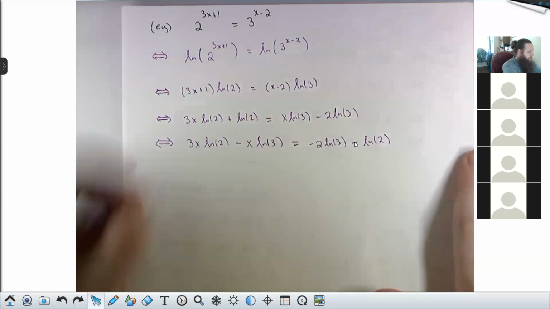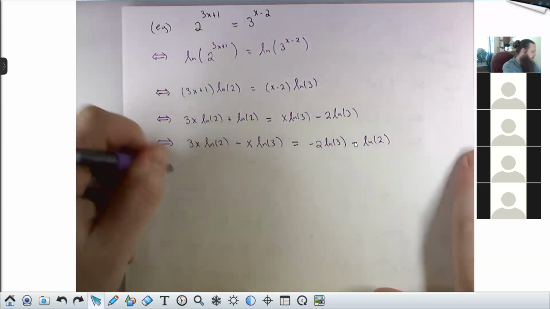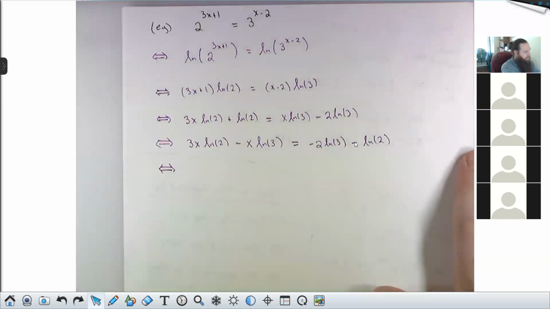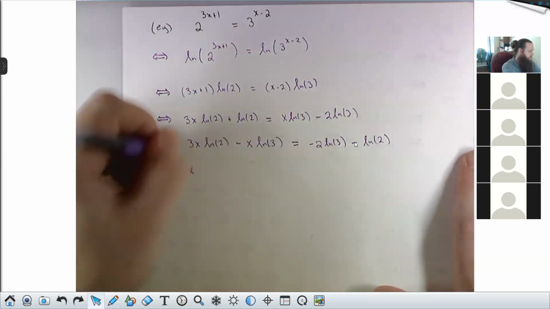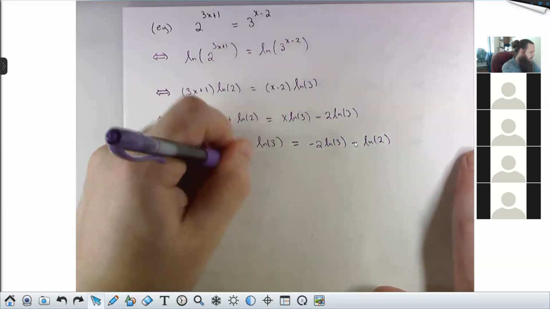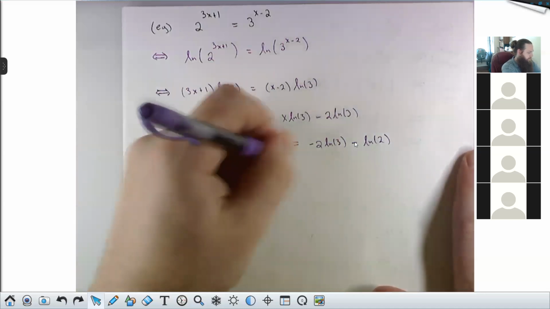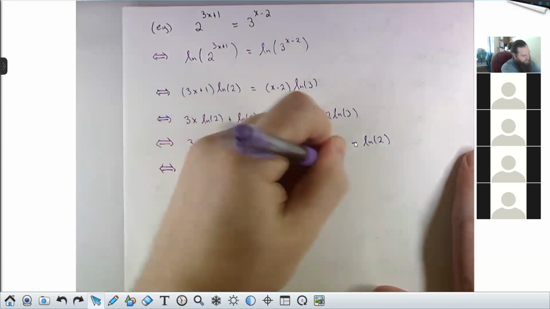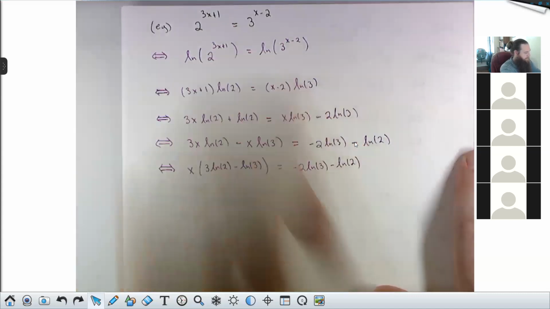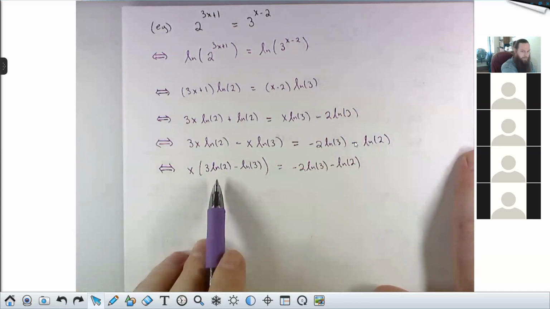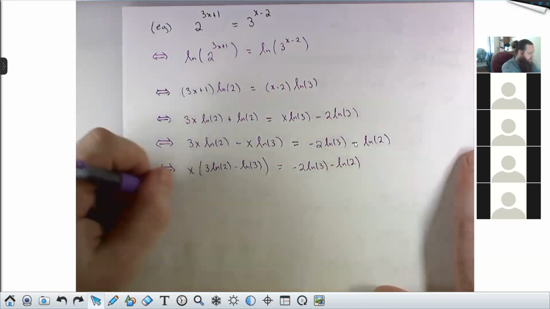And from the expression on the left-hand side, because I've taken all the x stuff over there and gotten rid of all the non-x stuff, I can factor in x. Having done that, this is x times some number. So to get x alone, I will divide by that number.